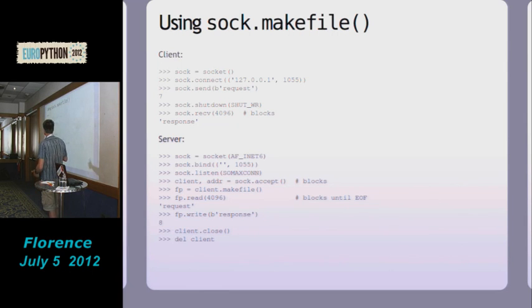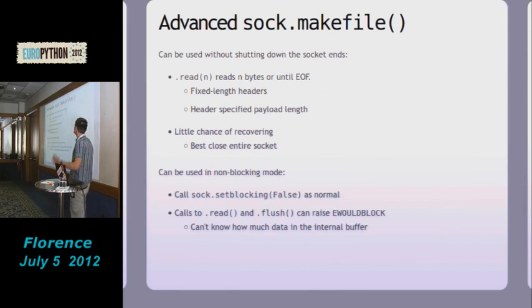Similarly, you can then write until the end, and if the client had been using makefile as well, the server would shut down its end of the socket too, and that way the client would be able to get end of file as well. So that's the easiest way of doing it.